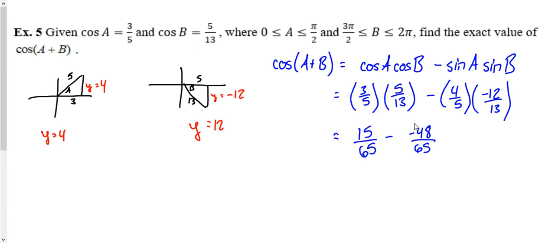So really, here you are adding because you have minus a negative, so that's really just adding. So I'm going to go 15 plus 48 there because I have a common denominator already. So 15 and 48 is 63, all over 65. So that's what cos A plus B is equal to. It's this exact value of 63 over 65.